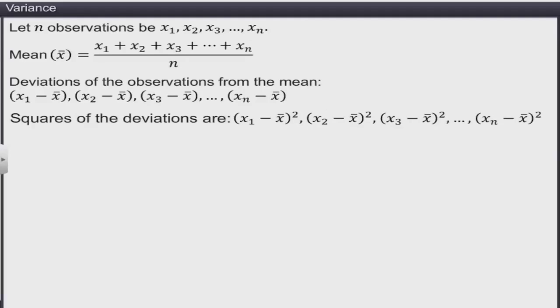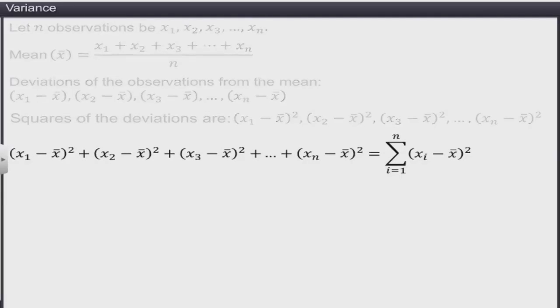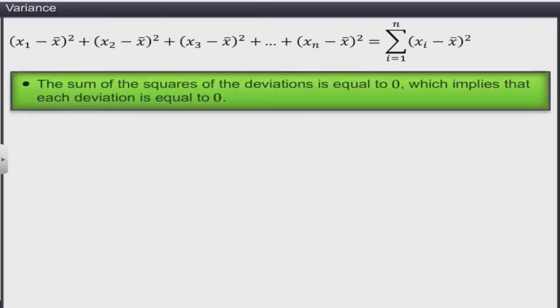Now, the sum of the squares of the deviations can be written as the summation of xi minus x bar whole squared, where i is running from 1 to n. From this result, we can infer that if the sum of the squares of the deviations is 0, then each deviation is 0.